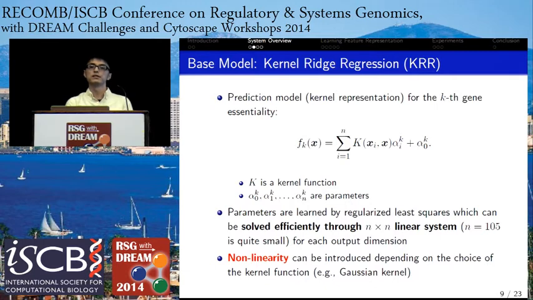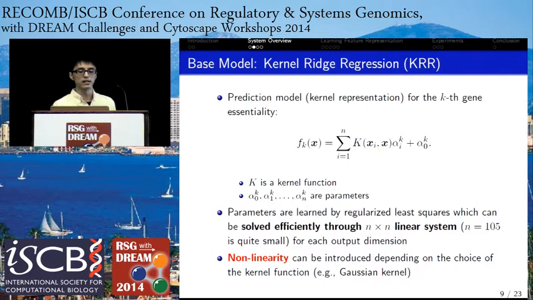As a base model, we employed kernel ridge regression, which is a quite standard prediction model. Actually, this is almost equivalent to the Gaussian process regression, which appeared yesterday as well. The prediction model can be written by this equation for the case of gene essentiality.